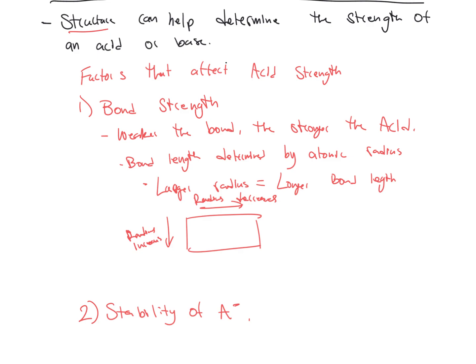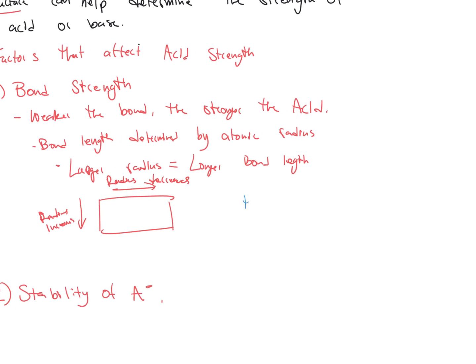The reason why is, if we think about the equation that's happening here, we have HA plus H2O makes H3O+ plus A-. This is aqueous, aqueous, and aqueous. Let's compare it to the case where that's a much longer bond.